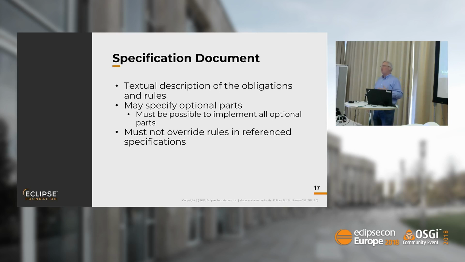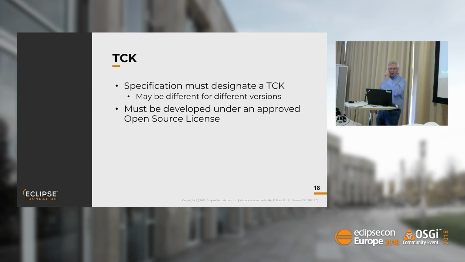So you can't go final when there's no demonstration that the whole spec is done. And if you include other specs by reference, you can't override those rules. If it's been specified as non-optional in the spec that you're referencing, then you can't override that in your spec.